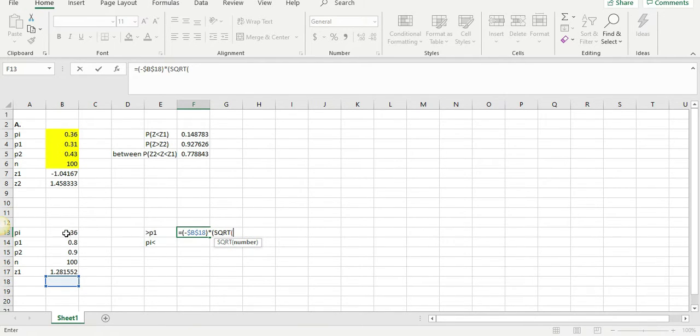of pi times 1 minus pi divided by n, plus pi, times 100.